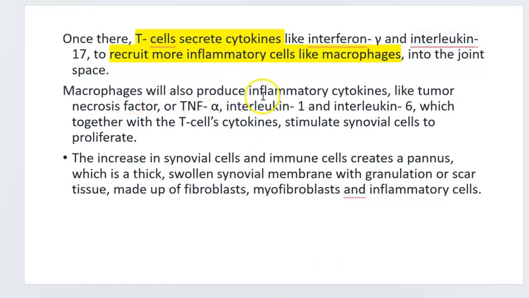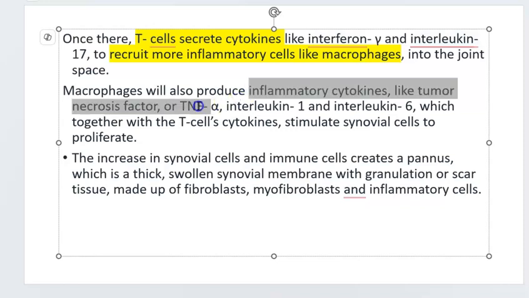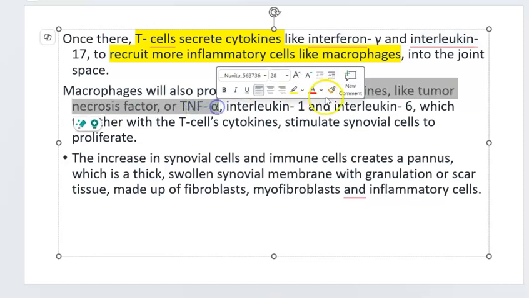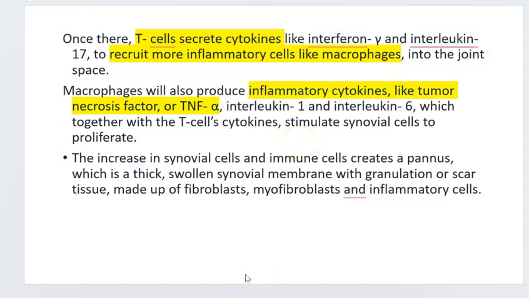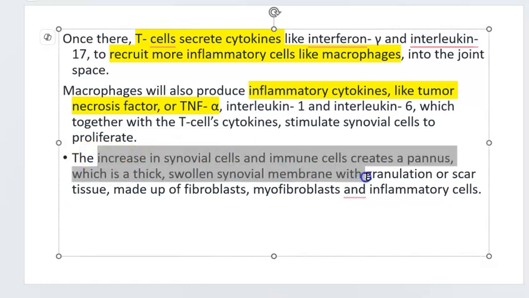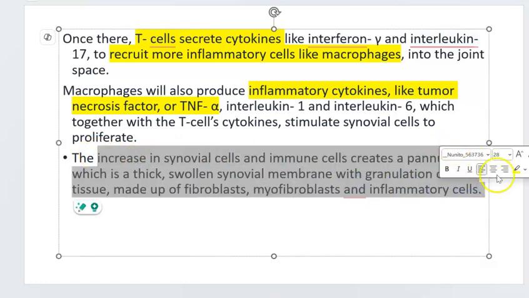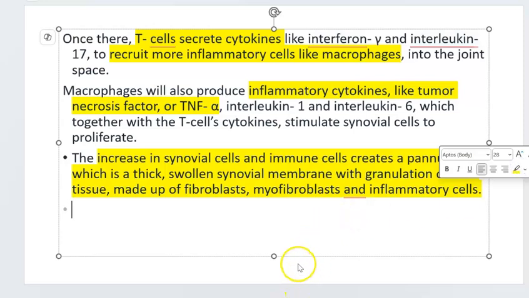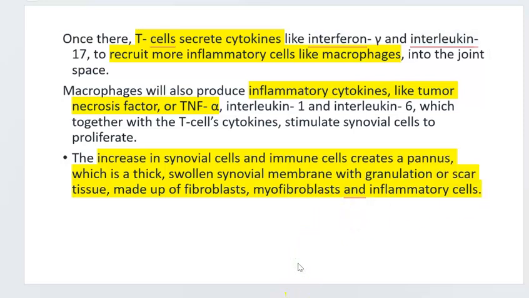The macrophages will also produce inflammatory cytokines like TNF alpha, interleukin 1, interleukin 6, which together stimulate the synovial cells to proliferate. The increase in synovial cells creates changes. They call it a pannus, which is the thick swollen membrane with granulation and scar tissue. So we have modified the joint space by this process.